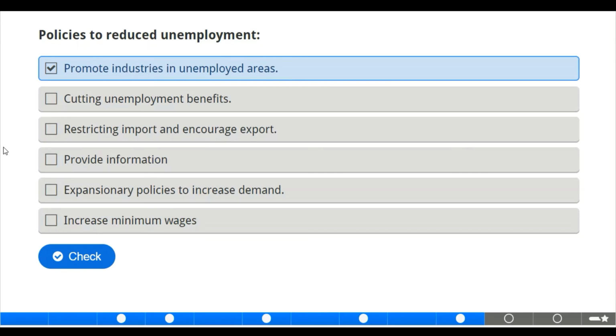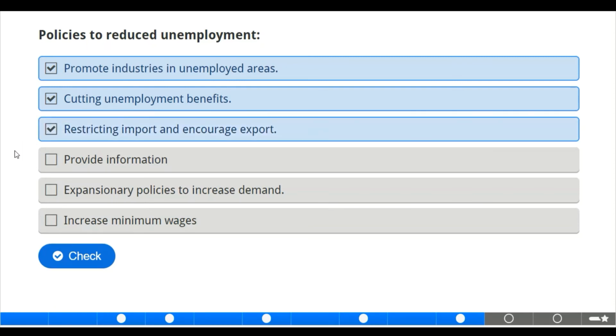And we have the second one to be what? Cutting unemployment benefit. Of course, when individuals are receiving unemployment benefit, most of the time they will not be seeking a job. And we also have restricting imports and encouraging exports.